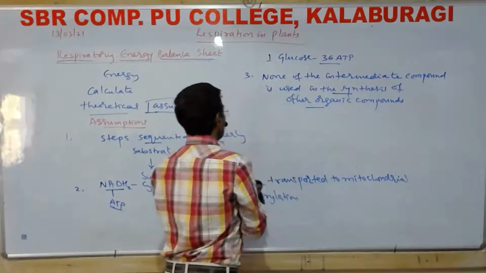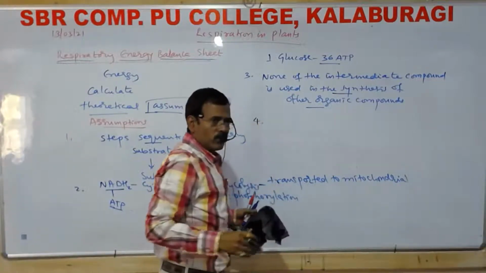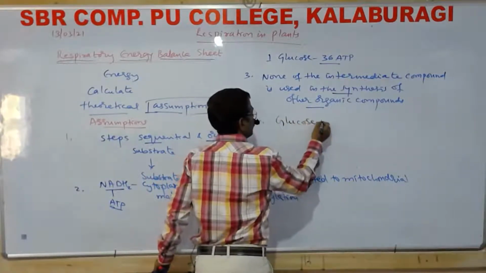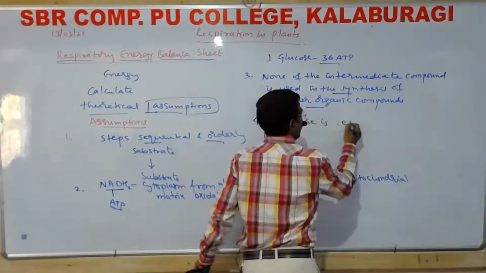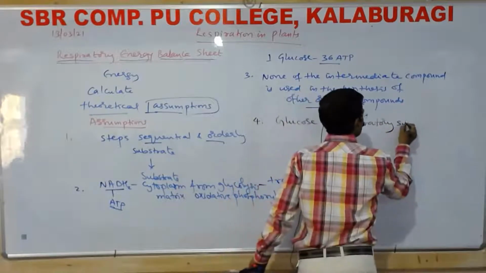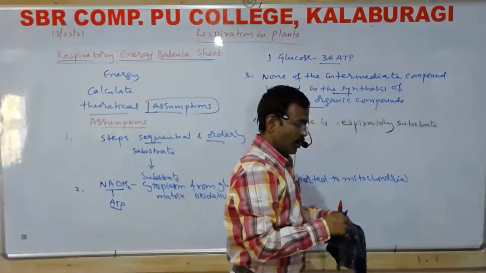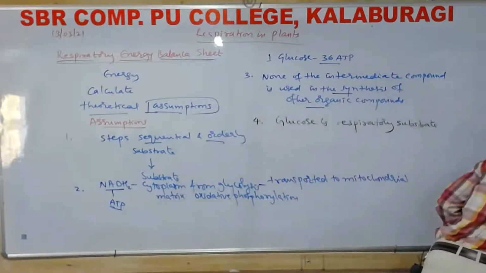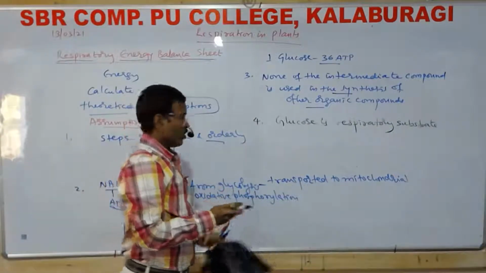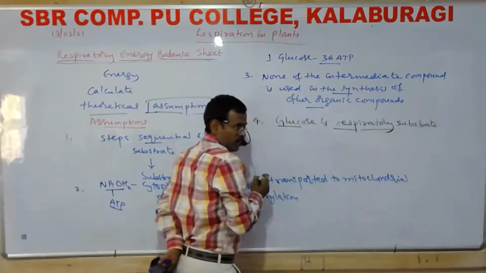Then the fourth assumption says the most commonly used respiratory substrate is glucose. Glucose is the respiratory substrate. See what it says: only glucose is used as a respiratory substrate.